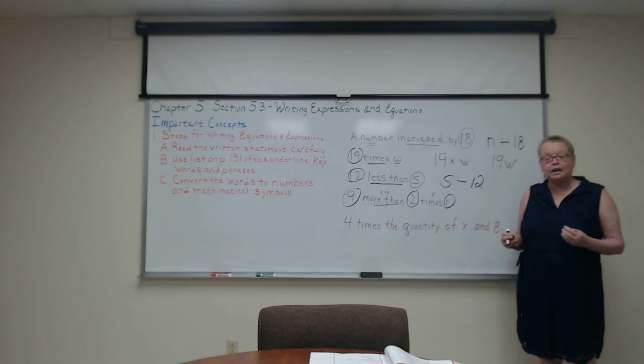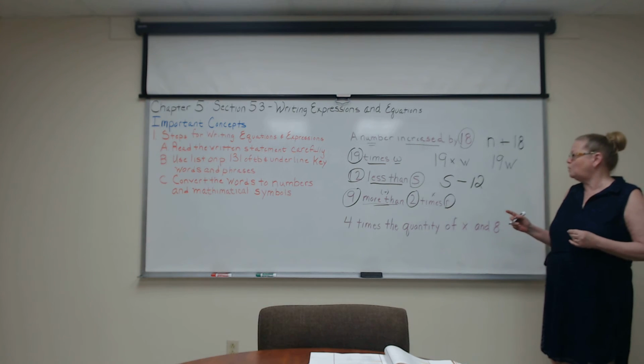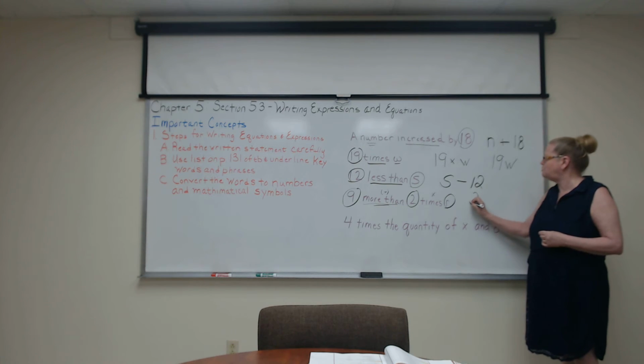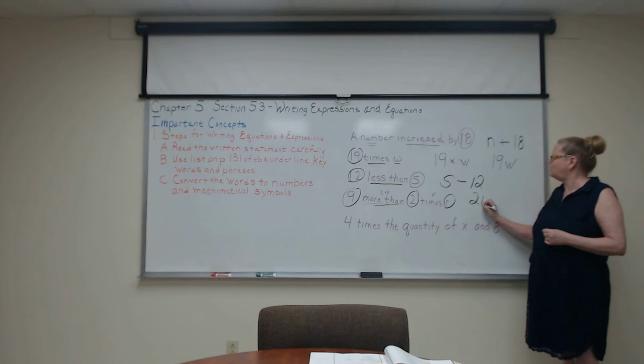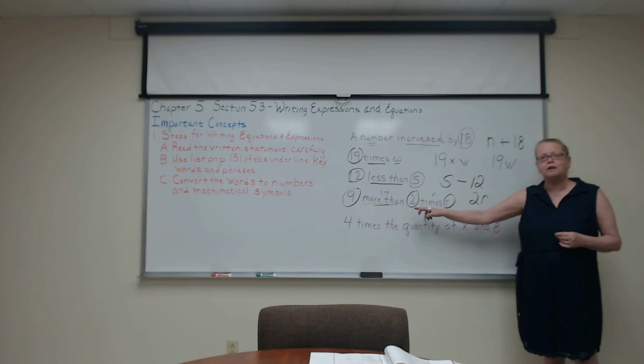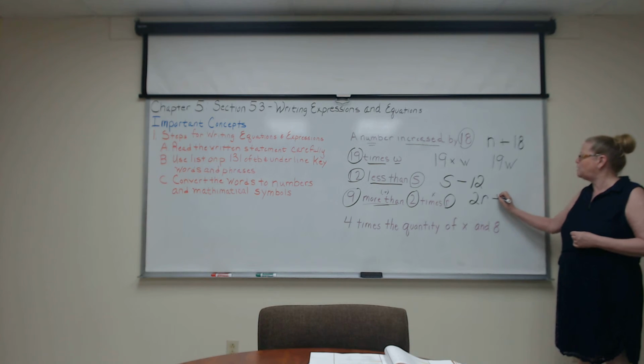So if we're going to set this up, we have 9 more than 2 times r. I'm going to start with the 2 times r. As you remember, we write it this way in algebra. So it's 2r, but there's 9 more than this 2 times r. So because of that, that more means we have to add 9 to it.